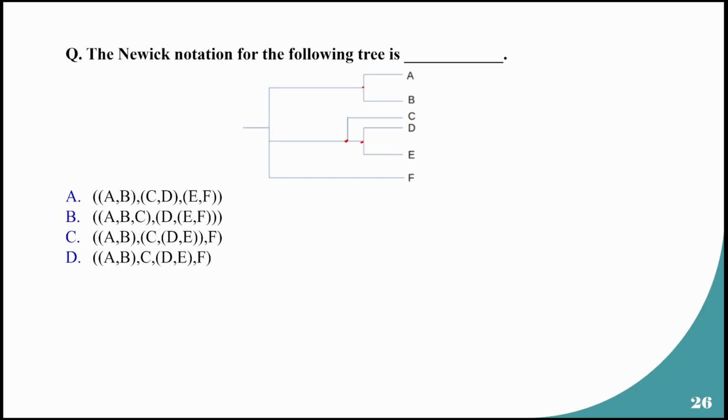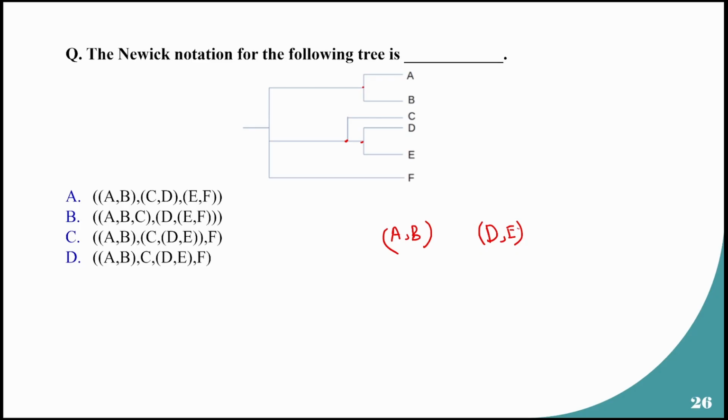So in this particular case, since A and B are connected together, we can put A and B in parentheses. And you also see here D and E are connected together, so let's put D, E together as well. With this combined D and E, you see there is a common point which is C, right?